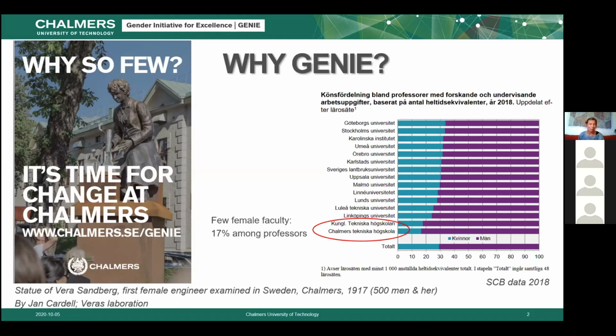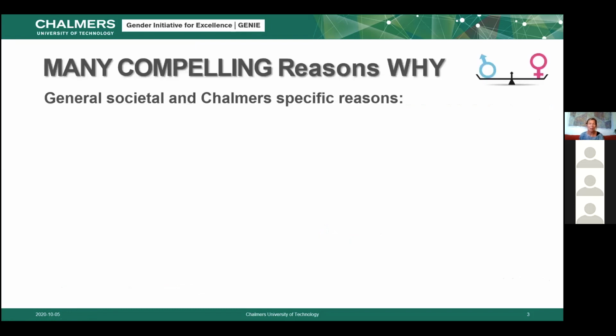This is a statue that is outside Chalmers. We're very proud that the first female engineer was examined at Chalmers in 1917. There were 500 men and her, and this is Vera Sandberg, who's her name. There are streets named after her, there are rooms named after her, and now we also have a nice statue of her doing some chemical lab work.